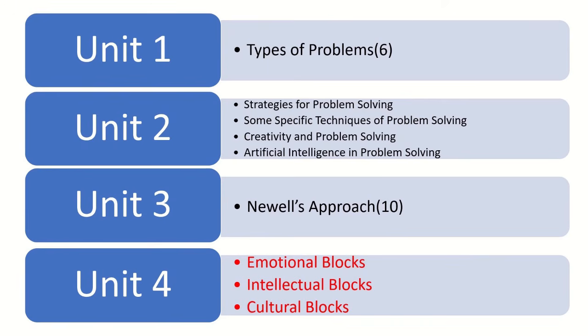Now from unit 3, Newell's approach, which is a 10-mark question. And from unit 4, emotional blocks, intellectual blocks and cultural blocks. We need to look into these 3 blocks only, because these are the repeated questions. This can come as 6 marks, at the same time can come as 3 marks.